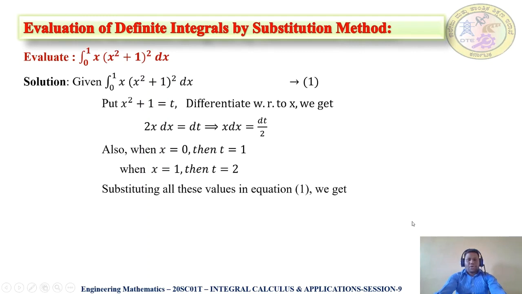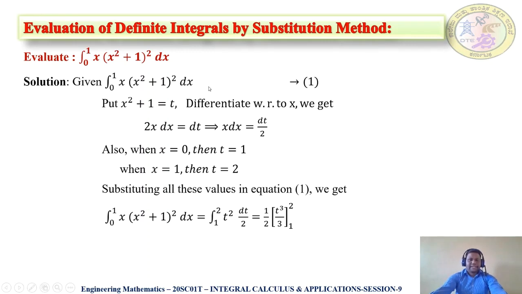Now substitute all these values in equation 1. We get integration from 0 to 1 x into x square plus 1 whole square dx is equal to integration from, in the place of 0 we put 1, in place of 1 we put 2, in place of x square plus 1 we put t, that is t square, and in the place of x dx we get dt by 2, because we can replace only x dx here.